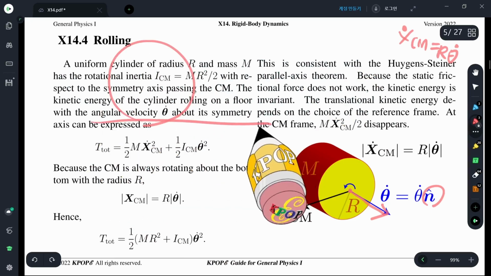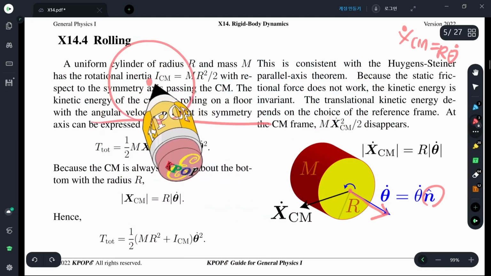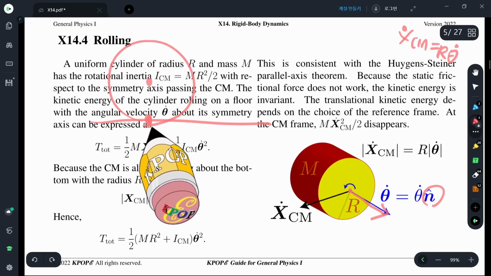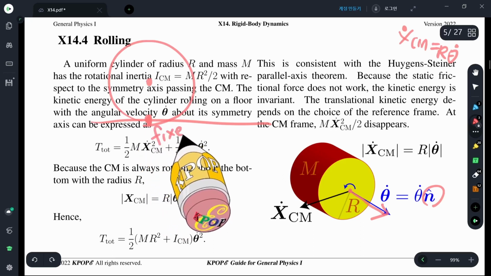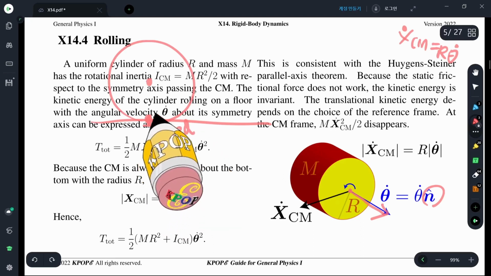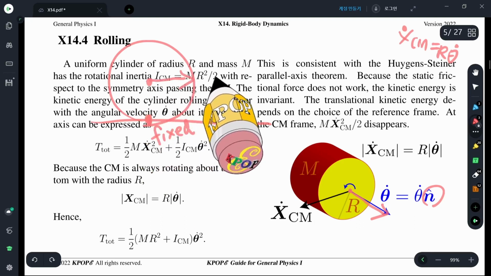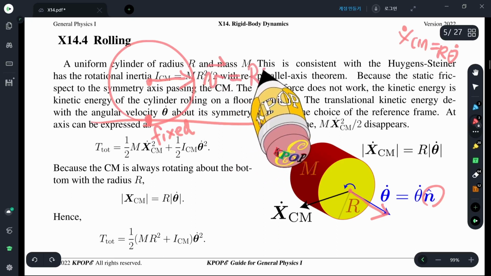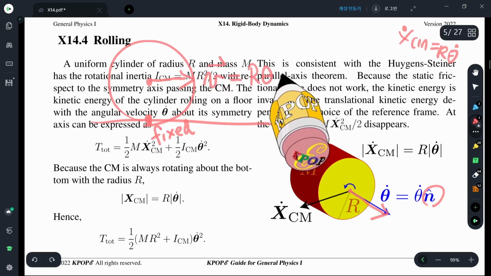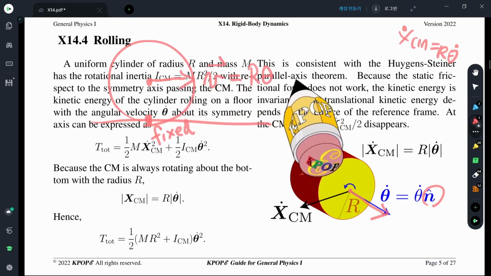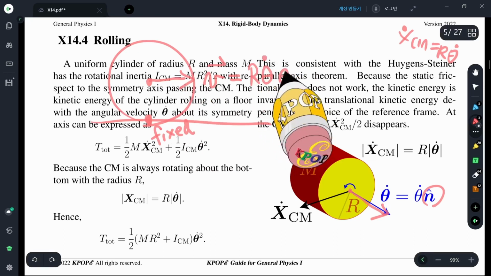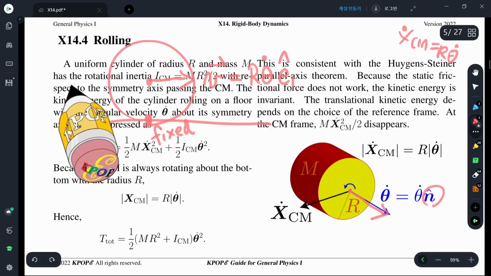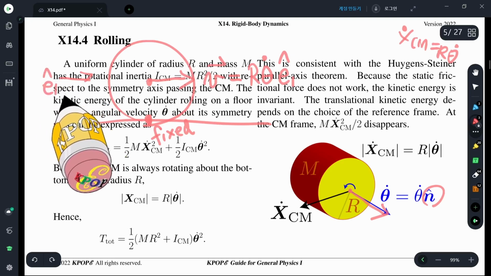This is a circle. This point is fixed. This one is moving with velocity r theta dot e1 hat. Let's assume this one is e1 hat.